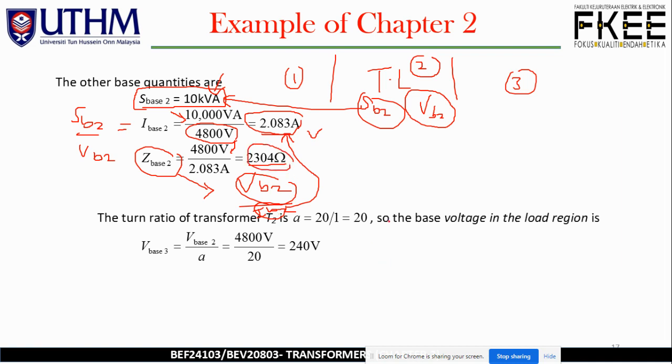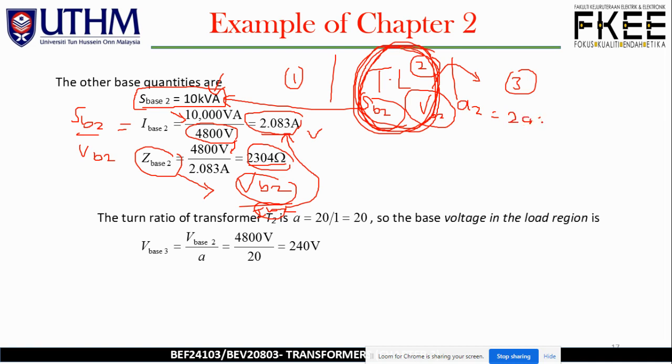Now we are done with this region, so all the quantities involved have come up with the base values. Now we jump over to region number 3, crossing A2, the second transformer, whereby the ratio is 20 to 1.